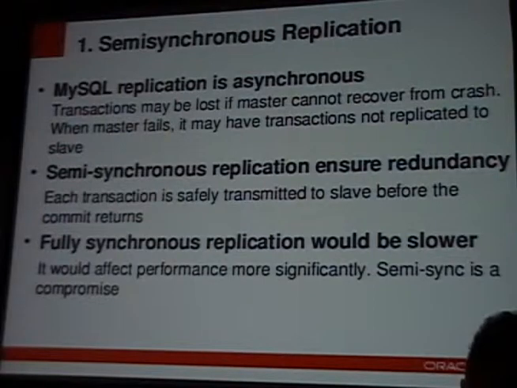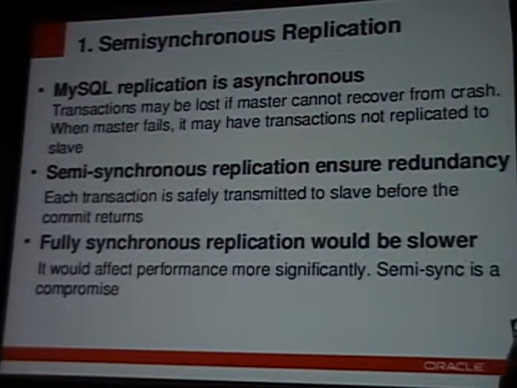So in fully synchronous replication, you need to use something like two-phase commit or some other protocol to ensure this. In this case, for instance, it's still executed on the master, and if the slave fails, then it's still executed on the master.